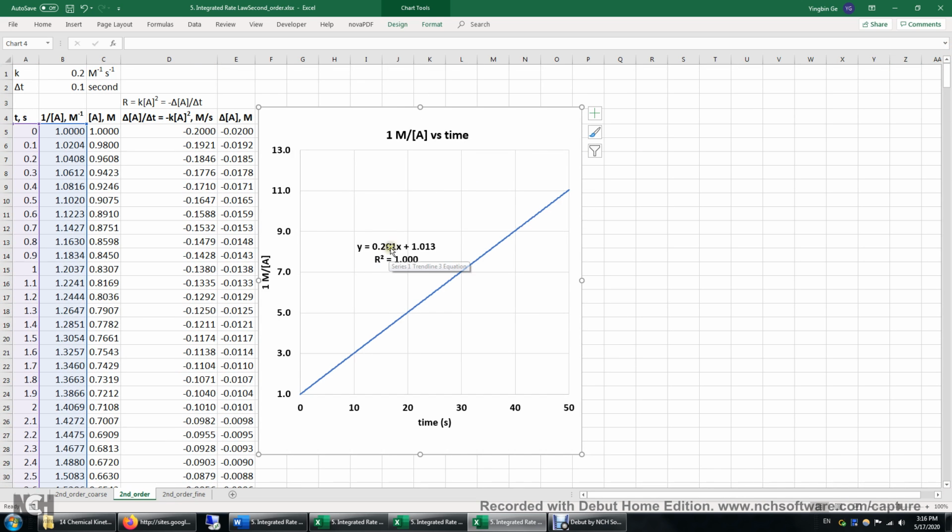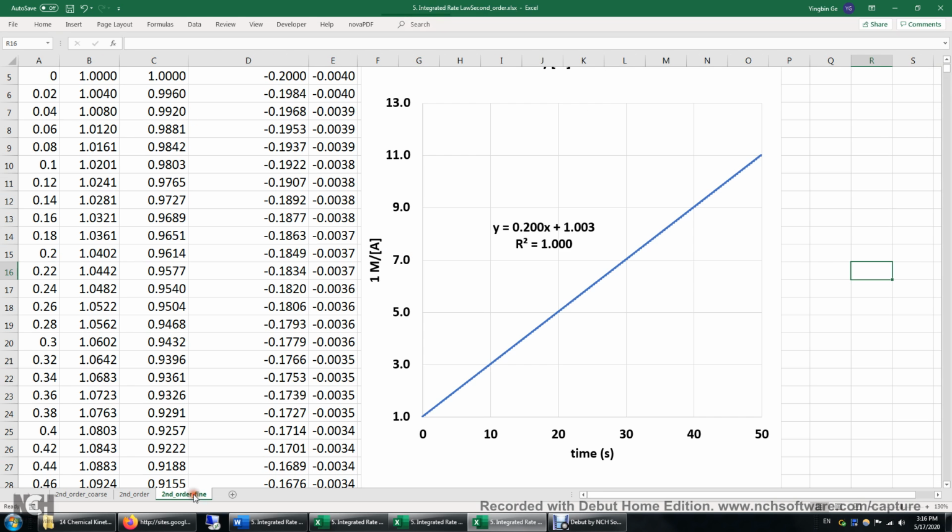But in this case, you can see the slope now is closer to K. The slope is 0.201 compared to 0.2, close enough. Also, this number is closer to the reciprocal of the initial concentration of A. So again, this equation tells you the reciprocal of A is equal to K times T plus 1 over the initial concentration of A.